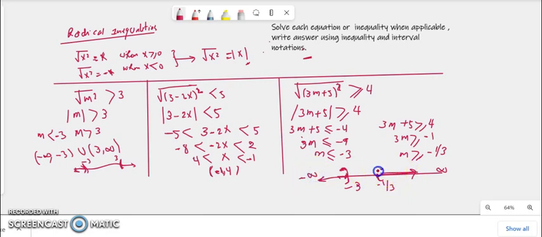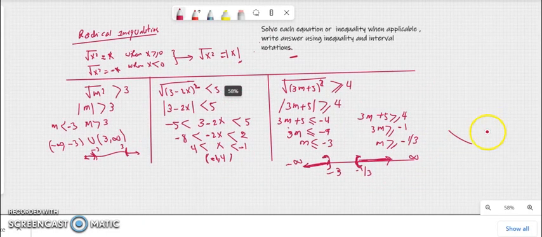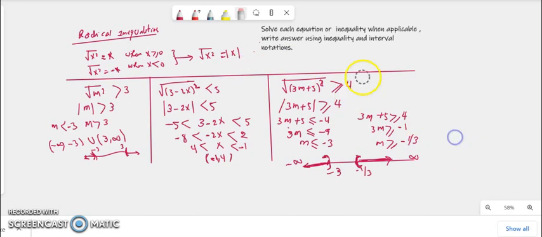So if you notice, we have the bracket here, so at this point, negative 3 and negative 1/3 are included. So if we write the interval notation, it will be negative infinity to negative 3, or negative 1/3 to infinity.